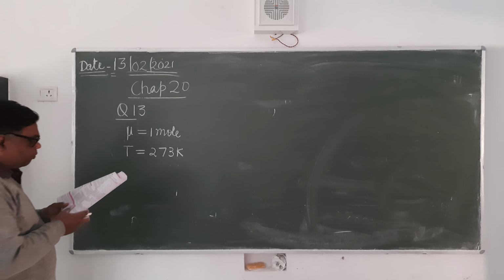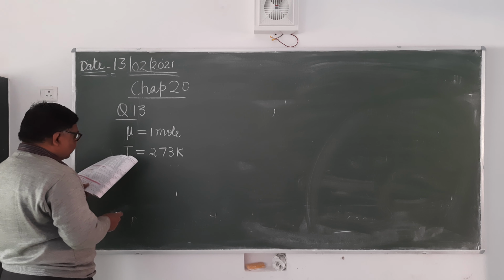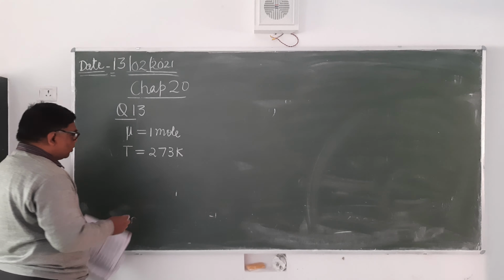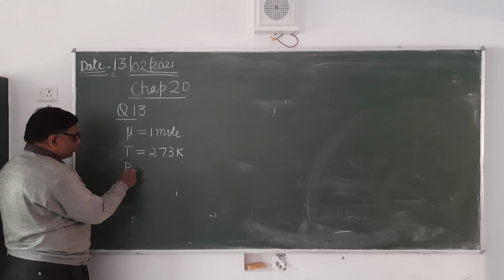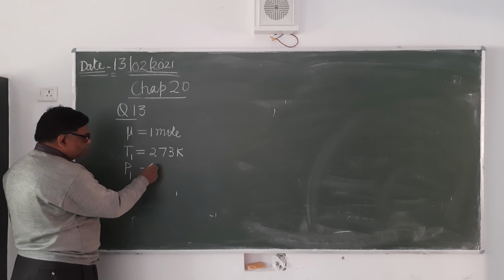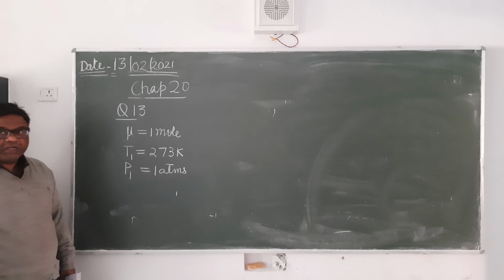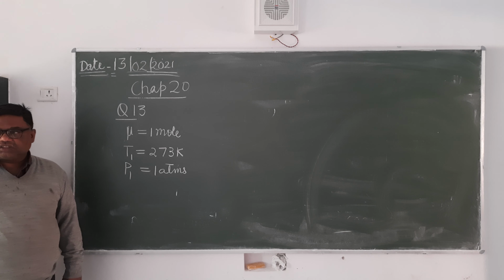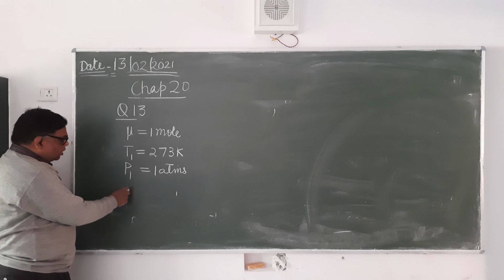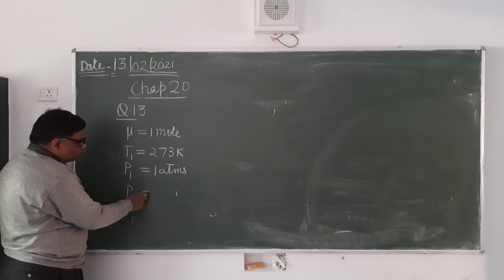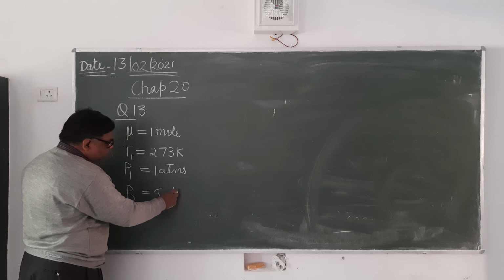What is the new temperature and work done if it is compressed adiabatically to 5 atmospheres? P1 is 1 atmosphere, because initially it is at NTP. Finally it is compressed adiabatically to 5 atmospheres.